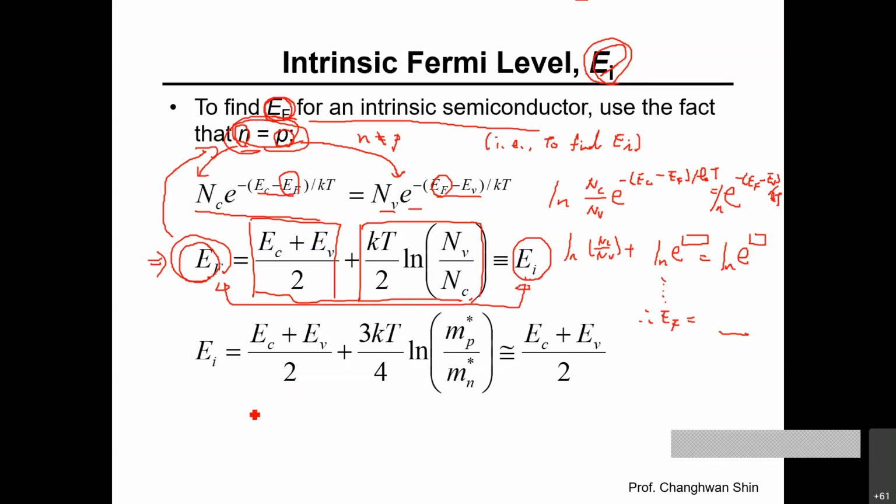Now plug in the effective density of states equations for N sub V and N sub C, and you can do some more math work, and you're going to end up with another equation for the intrinsic Fermi energy level.